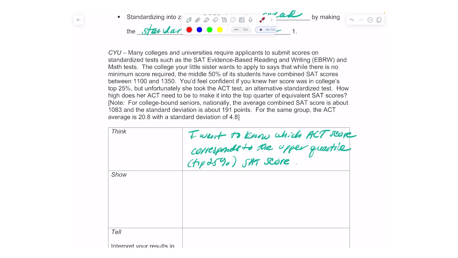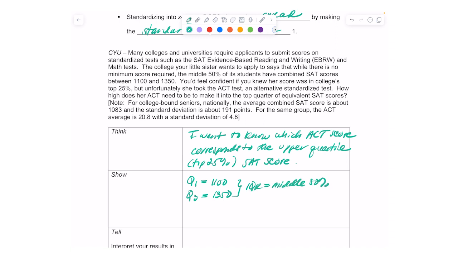So since they talk about the middle 50%, I know middle 50% is the IQR. So I already know my Q1 would be 1100 and my Q3 would be 1350 because the IQR is Q3 minus Q1. Okay, so this is your middle 50%, which is your IQR.